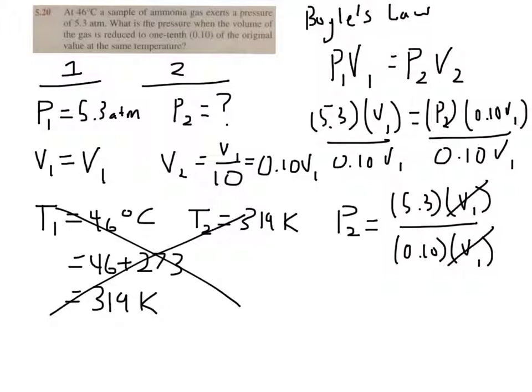If they tell us about the proportion, you have an original, then you have 1/10, that's kind of a hint that we should use volume 1 as a variable. So volume 1 and volume 1 cancel, and we're left with 5.3 divided by 0.1, P2 equals 53.